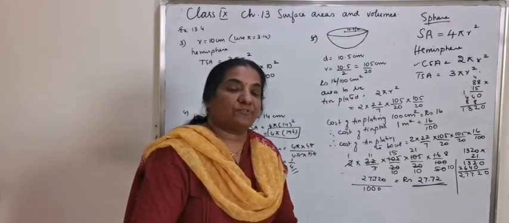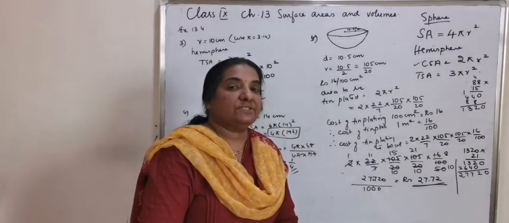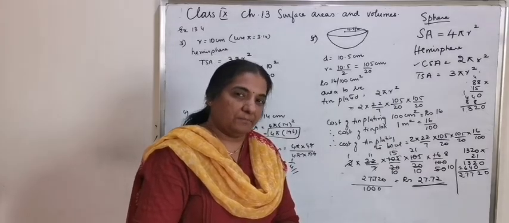That is the cost of tin plating the inner surface of the hemispherical bowl.